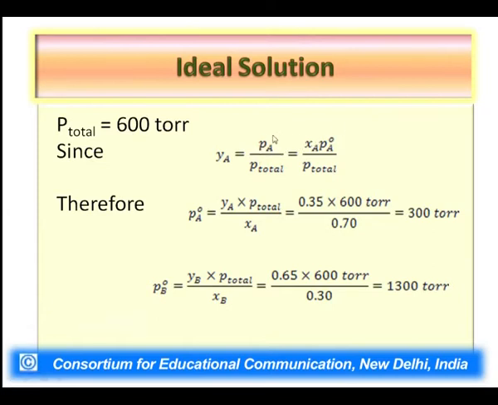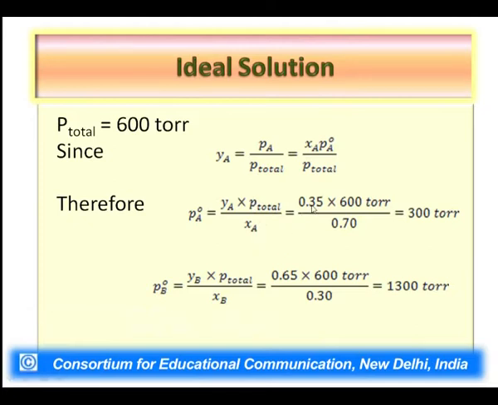Now according to Raoult's law, the vapor pressure of any component is given by its vapor pressure in the pure form multiplied by its amount fraction in the liquid phase. So it means YA equal to XA PA naught by P total. Now we can rearrange this formula, multiplying YA with P total and dividing by XA, so that we get PA naught equal to YA into P total by XA.